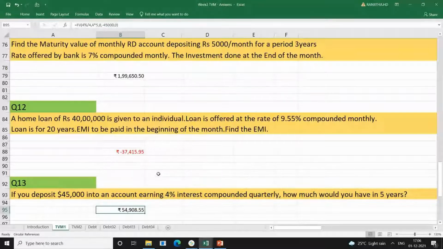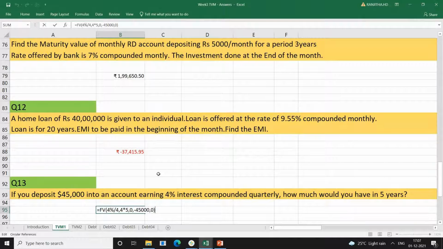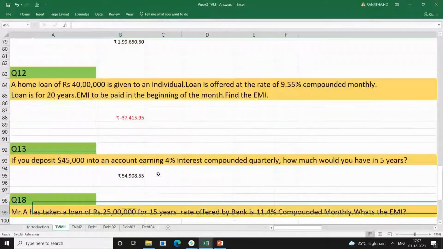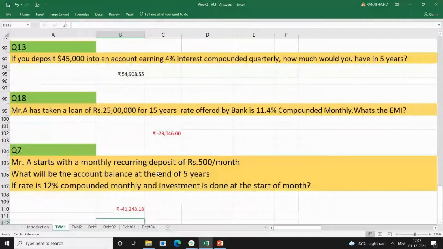So this is for 5 years. Compounding. Okay. So in the same manner, you need to do all the questions. Solve it.